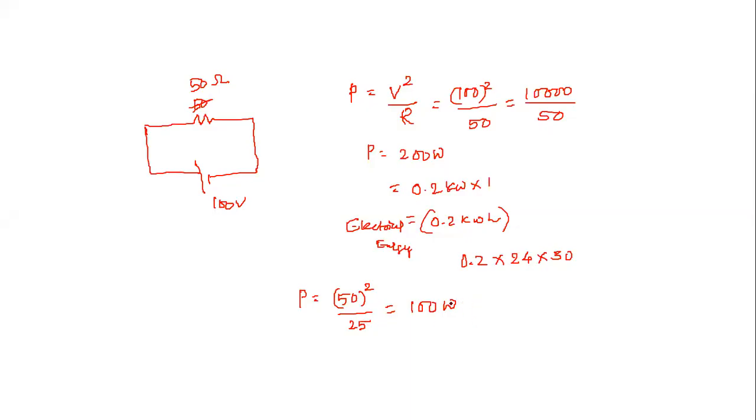So again, it will be 0.1 kW, right? 0.1 kW is the power consumption for an hour. If it happens for an hour, it will be 0.1 kWh, right? And for 24 hours and for a month, right? So I hope you have got the electrical energy concept, right?